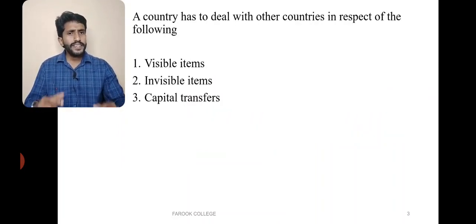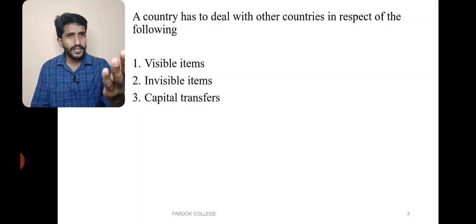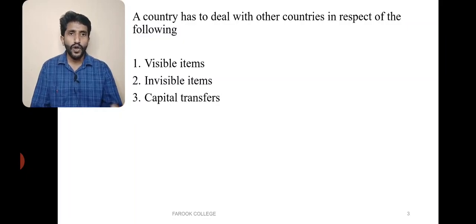These economic transactions might be in different ways. Suppose a country has to deal with other countries in respect of several transactions. The transaction might be in visible items, or in invisible items, or it might be capital transfers.